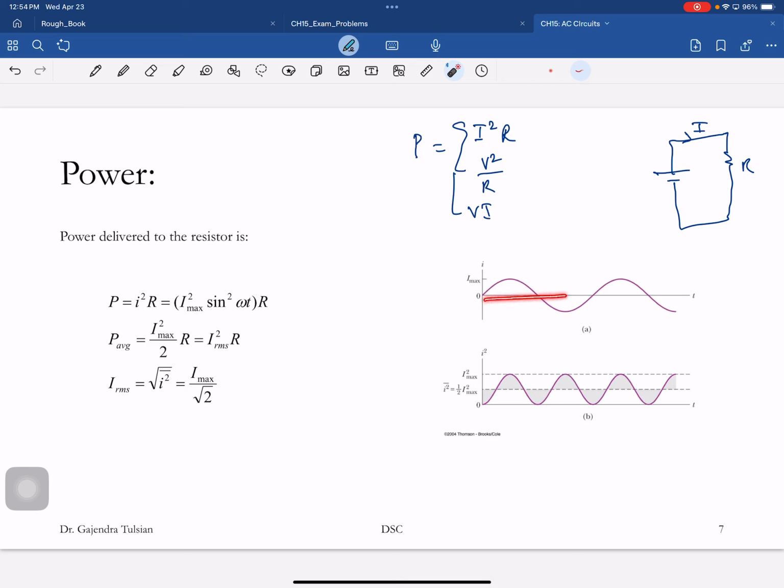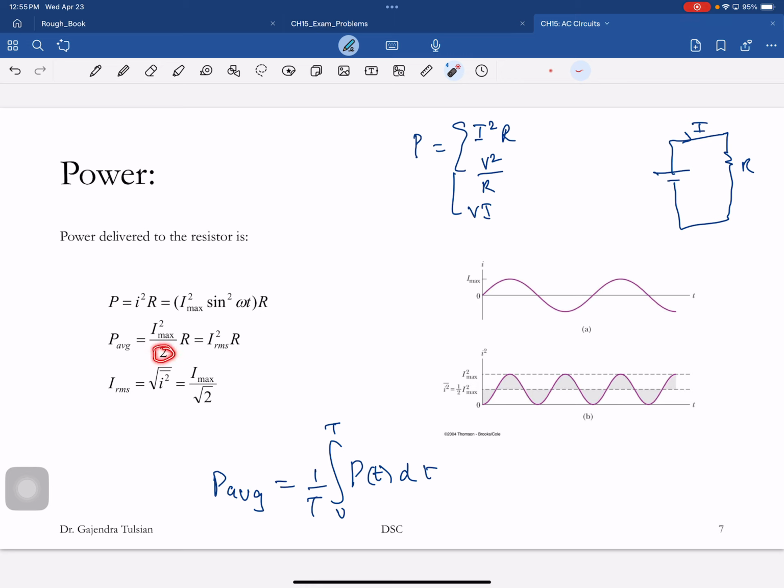The period is T. All you do is take the power as a function of time and integrate it with respect to t over one period. The average of sine squared theta over one period is 1/2. So you get I max squared R over 2.